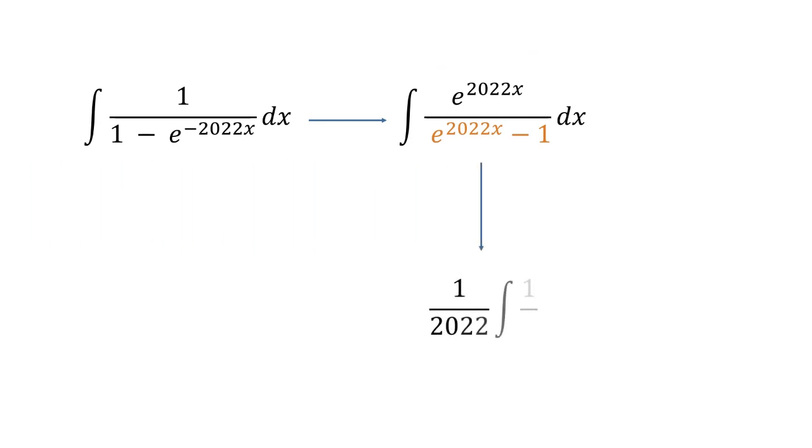So we get 1 divided by 2022 integration of 1 by t dt. And as we know, this is a very famous formula: integration of 1 by t is ln of mod t. Do not forget the mod; do not write it as ln t, that is wrong. ln of mod t, plus the constant of integration.